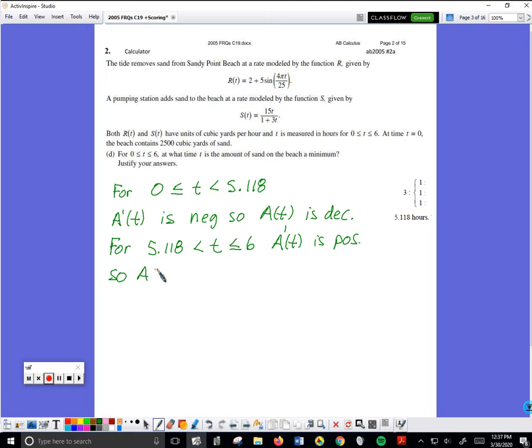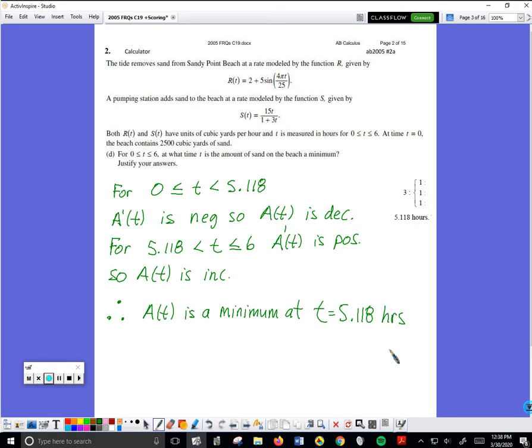So A of t is increasing. Therefore, A of t has a minimum. I kind of like to use their words. A of t, the amount of sand on the beach, is a minimum at t equals 5.118 hours.